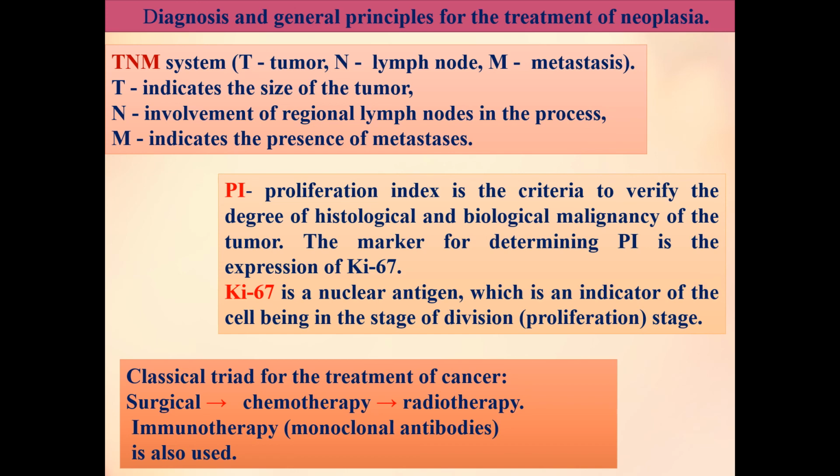The classic triad for the treatment of a cancer patient is surgical treatment, the removing of the tumor mass, then chemotherapy and radiotherapy. And also immunotherapy treatment with monoclonal antibodies is used. And thanks for attention.